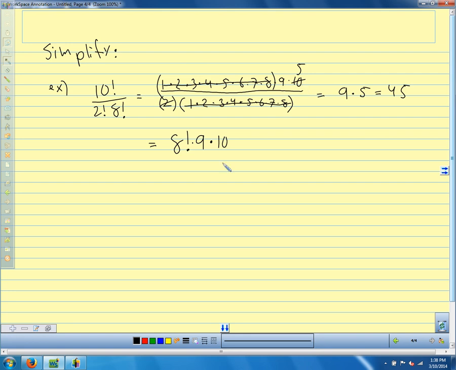That's what I've got written here, divided by 2 times 8 factorial. Well, the 8 factorials cancel. The 2 I can reduce the 10 to 5 and I get 45. So we can always write a bigger factorial in terms of smaller factorial numbers to help us simplify.